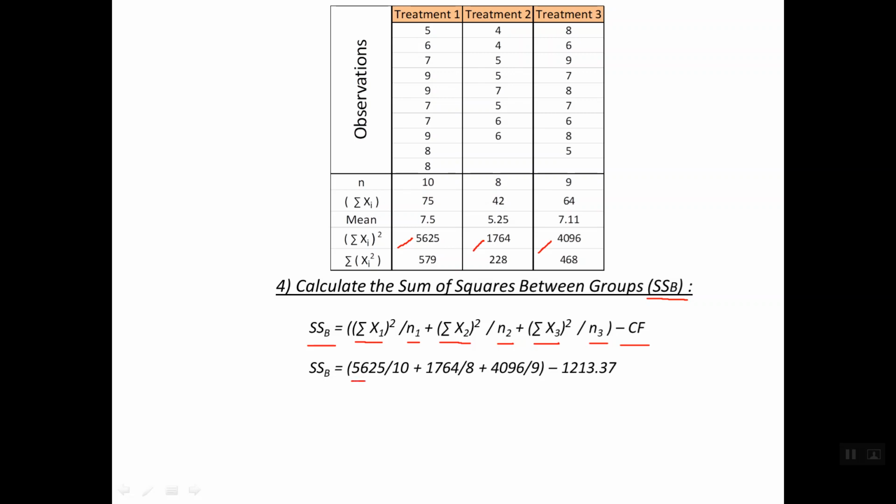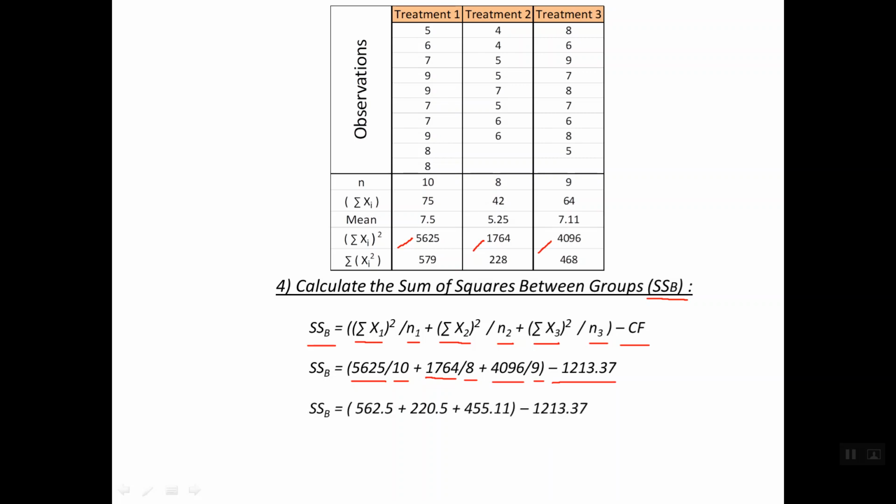For the first treatment, the summation squared is 5625, and the sample size for treatment number 1 is 10, plus the summation of the observations for treatment number 2 squared divided by 8, which is the sample size for treatment number 2, plus 4096, which is the total observations for treatment number 3 squared, divided by the sample size for treatment number 3, which is 9. From all of this summation, we subtract the correction factor.